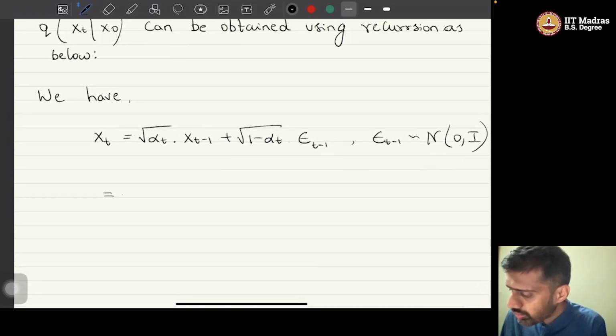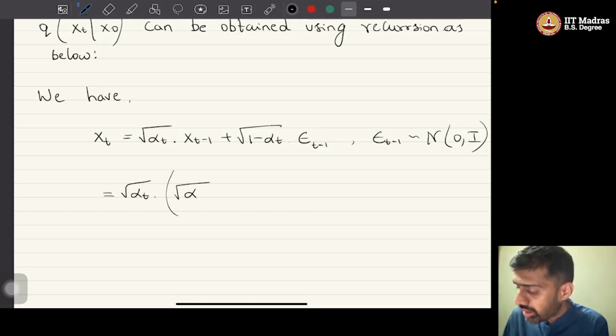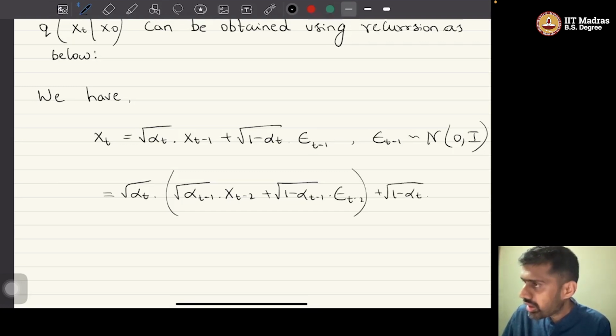So, to xt, now what I can write is I can write xt minus 1 in terms of its predecessors. So, I will write this as root of alpha t minus 1 times xt minus 2 plus root of 1 minus alpha t minus 1 times epsilon t minus 2, plus root of 1 minus alpha t times epsilon t minus 1.